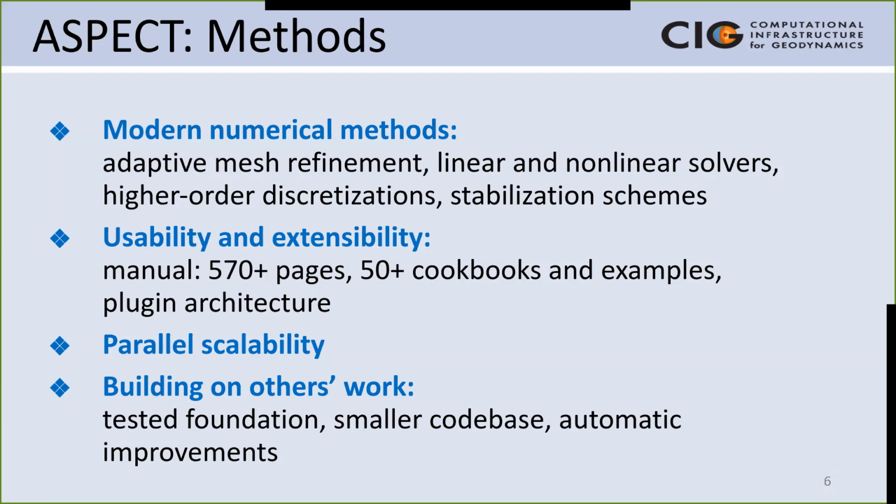If you write a code for the community, you realize that you really need to document how to use this code, or every person of the community will have to ask you personally, how do I do this, how do I do that? And that doesn't scale. If you want to have a large community, you have to provide documentation. And we've really put a lot of effort into documenting how you can set up many different situations. This is all encoded in these cookbooks and the examples that are in the manual.